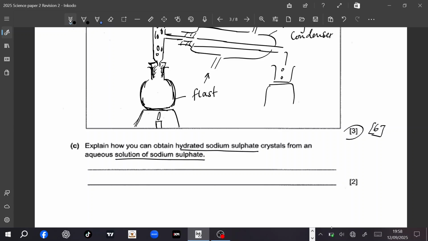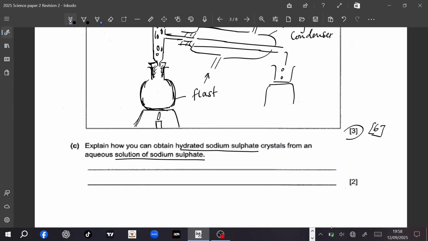This statement is on crystallization. So they repeated a lot. When you say sodium sulfate crystals, don't put hydrated. And when you say from an aqueous solution, okay. So how can you obtain sodium sulfate crystals from an aqueous solution of sodium sulfate?